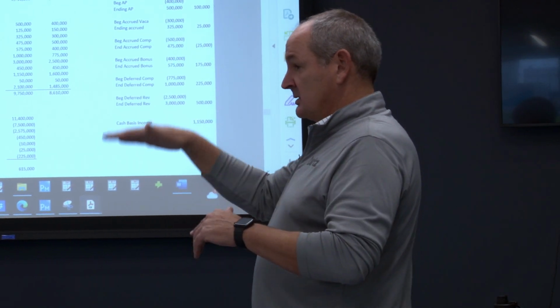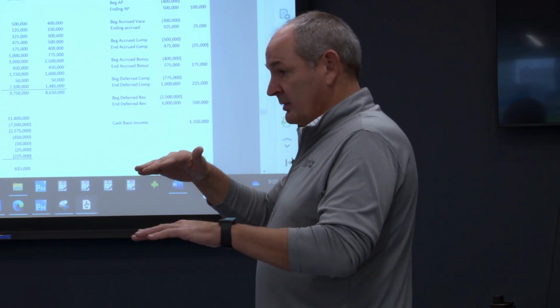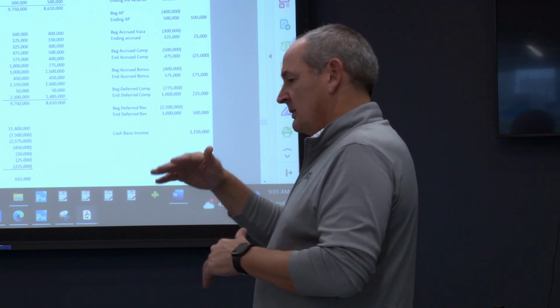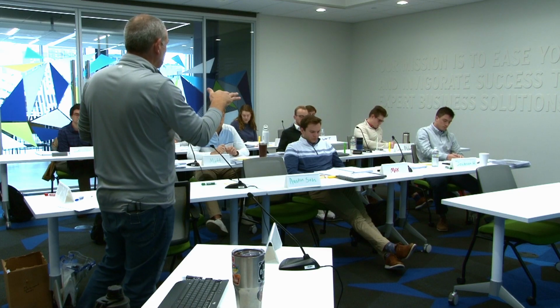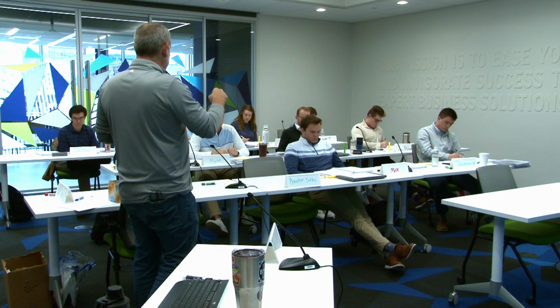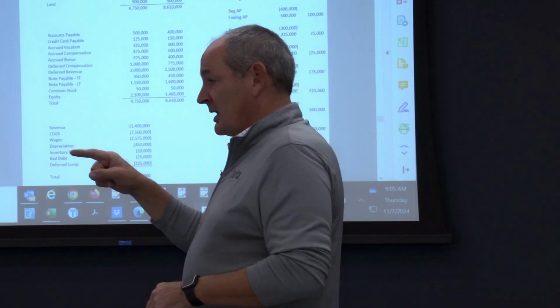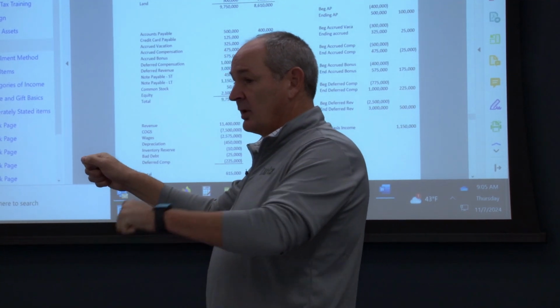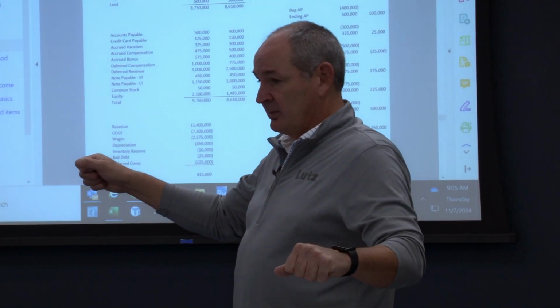For the AP, it's a deduct for the beginning and an add for the end. Well, no, I said it backwards. You get my point, okay? Knowing how that works and why it works that way, because I collected the AR within the first 30 days, therefore I have to add it back. I haven't collected the end, therefore I have to deduct it from my P&L.